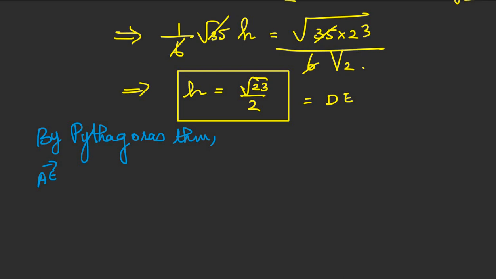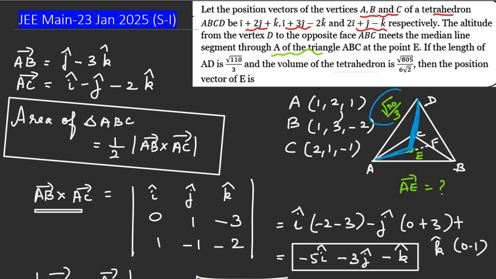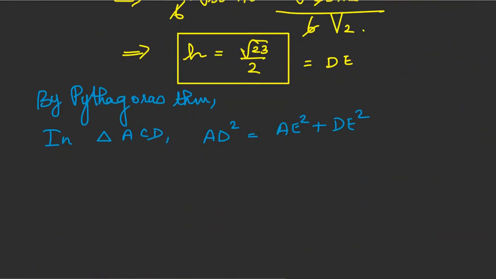From Pythagoras theorem, in triangle ADE from the diagram, AD squared is equal to AE squared plus DE squared. AD squared is given in the question. We have to find the value of AE.